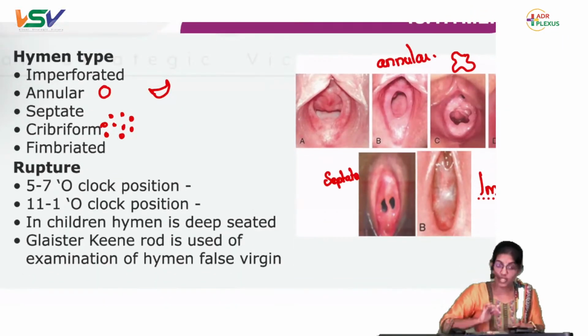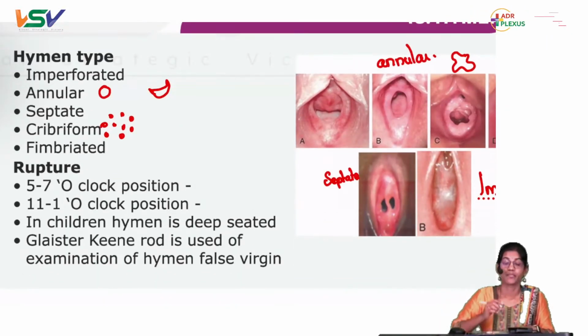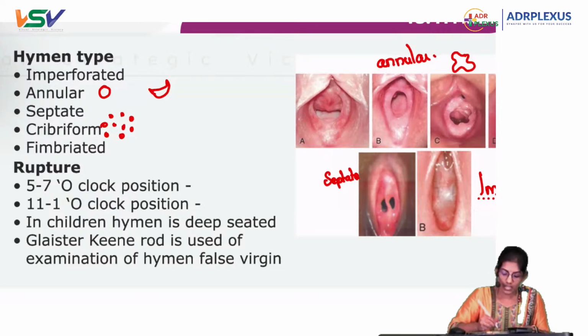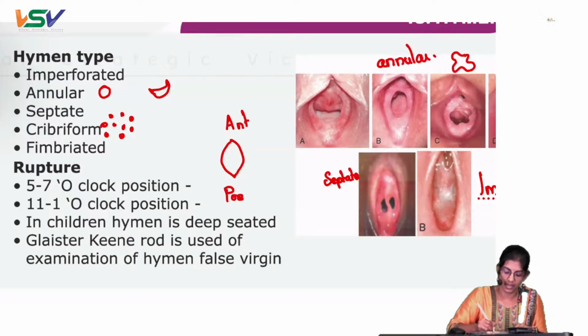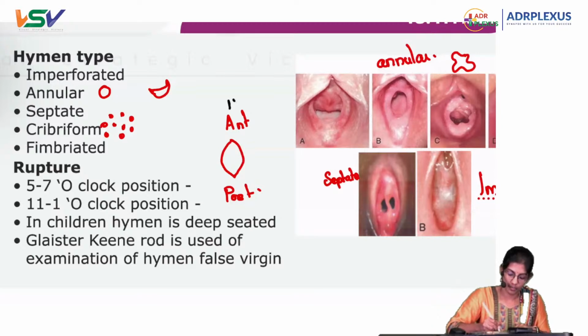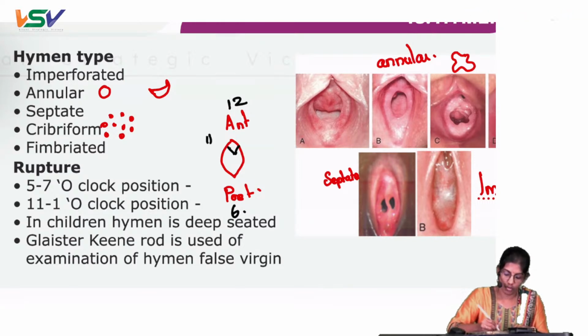All right. The rupture, for forensic purposes, the rupture: 5 o'clock to 7 o'clock. So when you examine, if this is the anterior part and this is the posterior part, we say 12 o'clock is on the top, 6 o'clock is down. This is 11 o'clock to 1 o'clock, which means anterior.